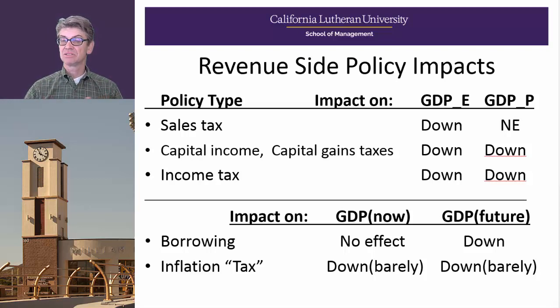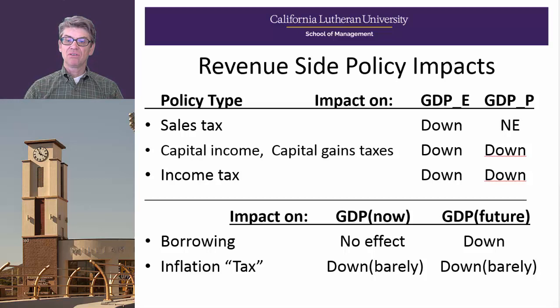So when we talked about potential GDP, we talked about the inputs that we need are capital, labor, public capital, that kind of thing. The sales tax doesn't really enter here, at least not directly. So I'm going to say, to keep this simple, no effect, NE, no effect on long-term GDP of sales tax.